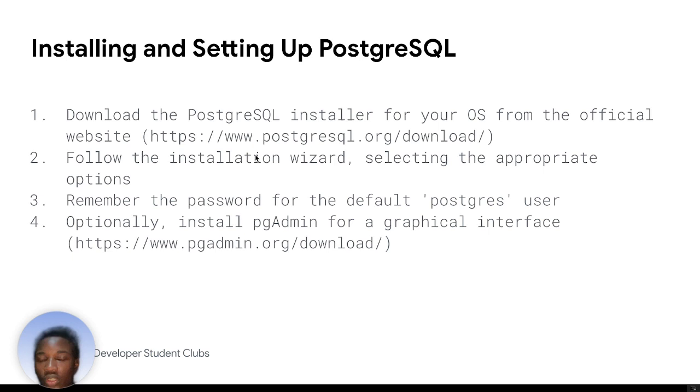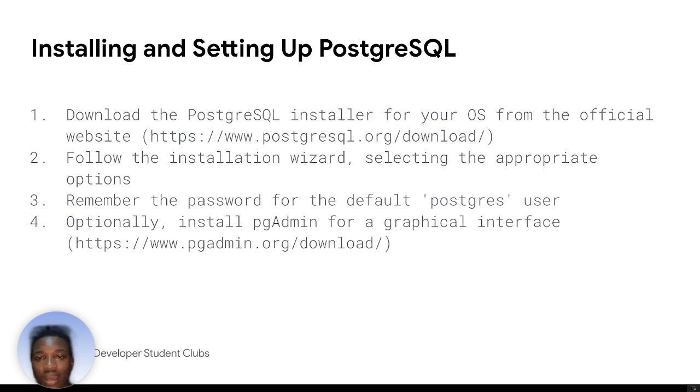Then you follow the installation wizard. That means you get a lot of pop-ups regarding installation and terms and conditions, which for sure we all read. You're also told to remember the password for the default Postgres user, and optionally install pgAdmin for a graphical user interface. I think that's very important, so not really optional, I think you should install it.